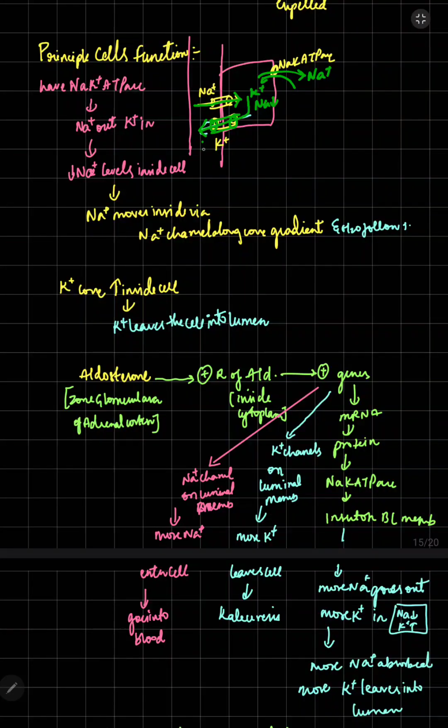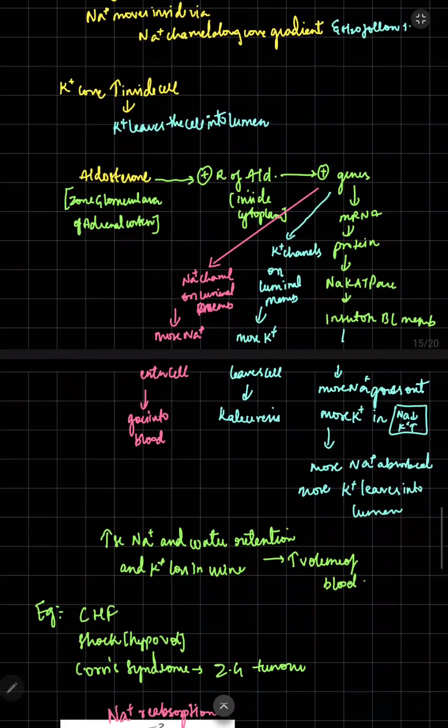More potassium is released into urine, and at the same time aldosterone also increases the number of sodium channels, so that as sodium is pumped out by the sodium potassium ATPases, the cell becomes more sodium poor and more sodium can be reabsorbed. So basically this hormone results in increased sodium and water retention, right? Sodium will always drag water with it.